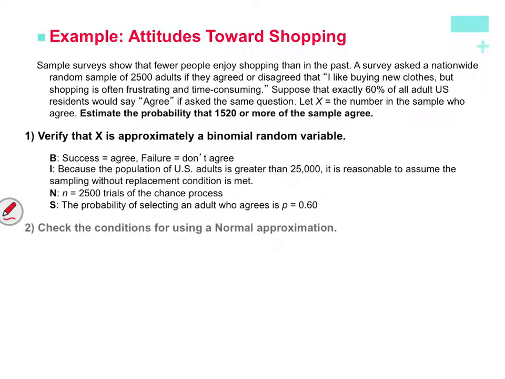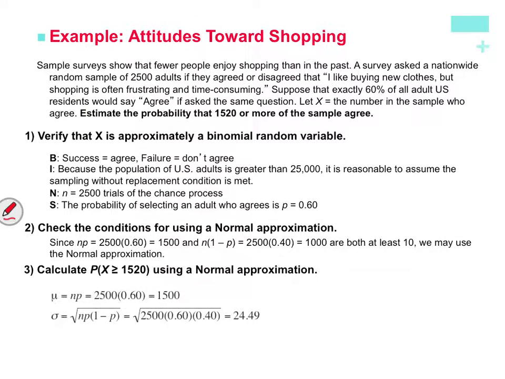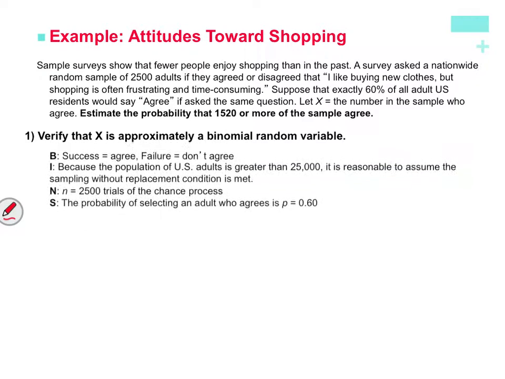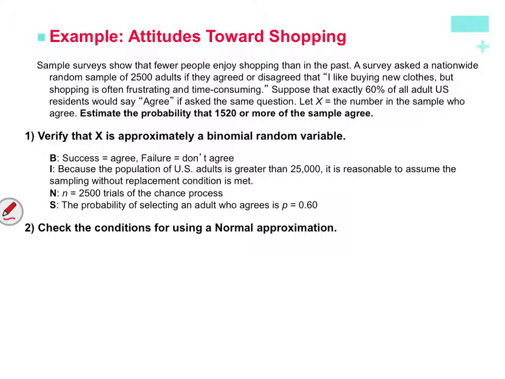First thing that we're going to do is make sure that it is a binomial random variable. It meets all four criteria for BINS. It is a binomial random variable. Next, we'll check the conditions for using a normal approximation. Actually, I should go back to the I, which is independent.